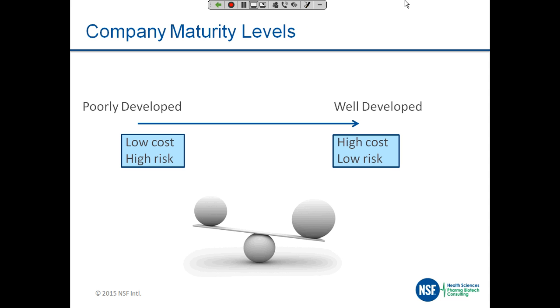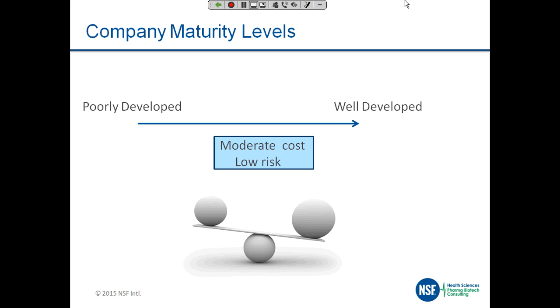And what we would encourage firms to do is to look at a moderate cost and to get to that low risk level. By listening in this kind of a webinar, hopefully you're coming away with a few tips on things that you can do. I would argue that you don't need to change things dramatically to see incremental improvements.